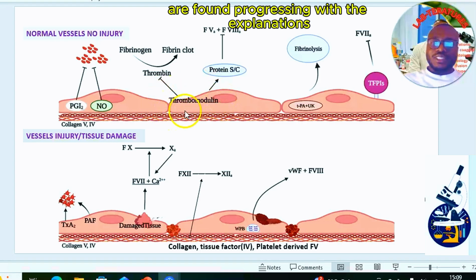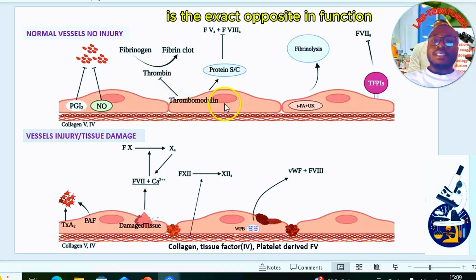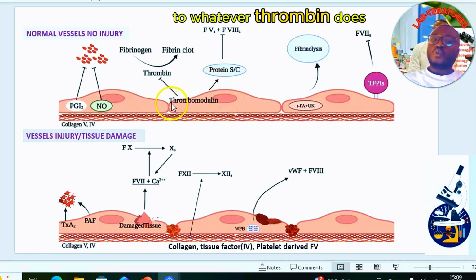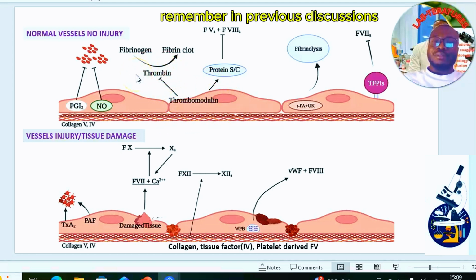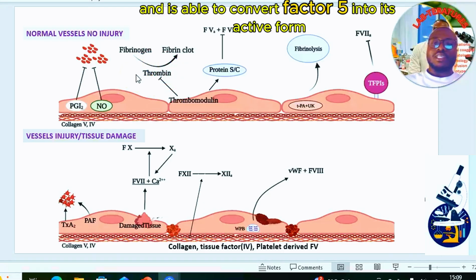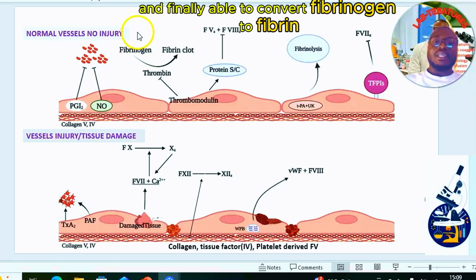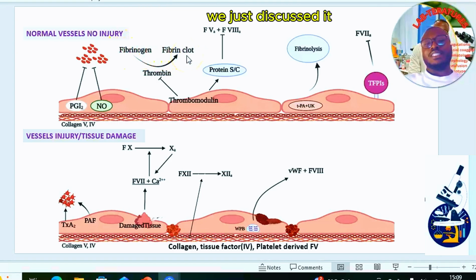Progressing with the explanations, this is thrombomodulin. Thrombomodulin is the exact opposite in function to whatever thrombin does. Remember, in previous discussions we know that thrombin is a procoagulant and is able to convert factor V into its active form, factor 8 into its active form, factor 13 into its active form, and finally able to convert fibrinogen to fibrin. We just discussed it.